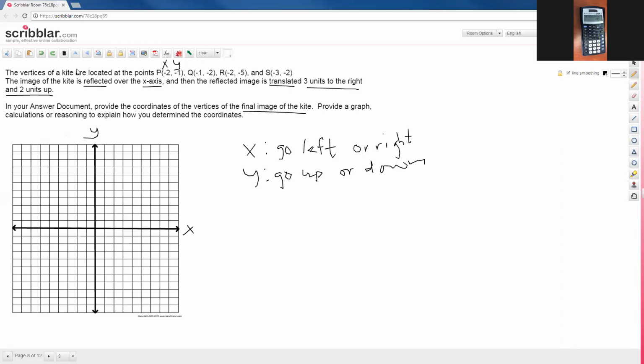So point P, I'm going to get a bigger arrow just to have it highlighted a little more. Point P, we start at the center, and it says -2, so negative tells you to go left 2 spaces. Count 1, 2 spaces. And then -1 tells you to go down 1 space. And they should already have the grid lines. You don't need to draw in all the little tiny boxes. So that is point P.